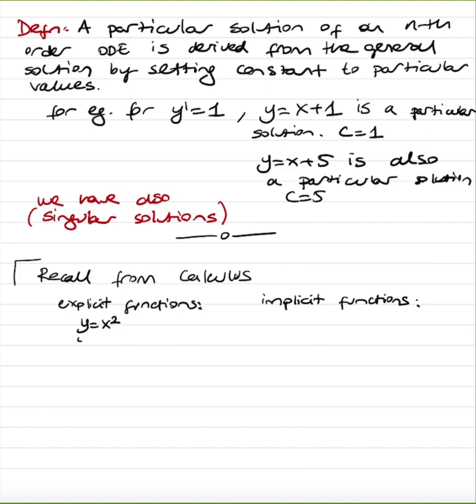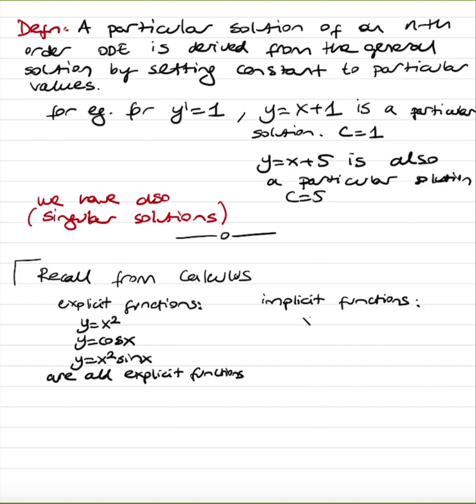For example, y is equal to cosine x, y is equal to x squared sine x. These are all explicit functions.